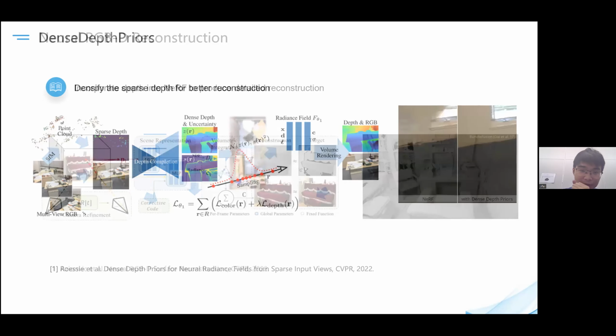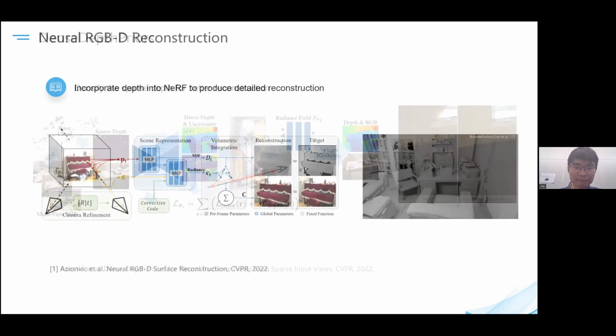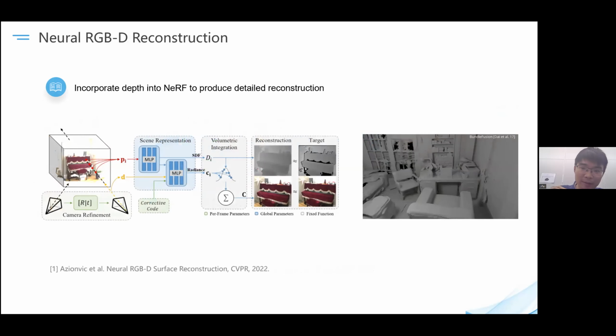Another related work is this one, because NeRF also has density. That means NeRF can also be used to reconstruct 3D scenes. So that's what this NeRF RGBD work is doing. They're trying to reconstruct the scene both in geometry and also in color as well.